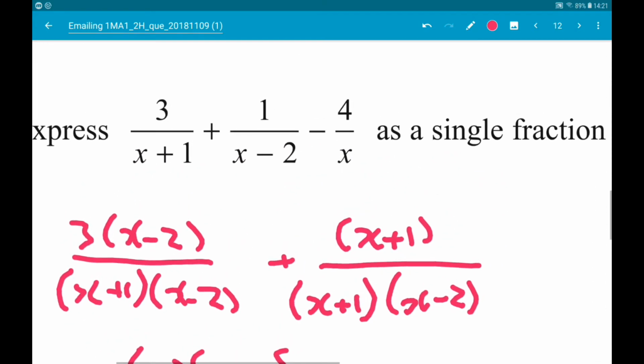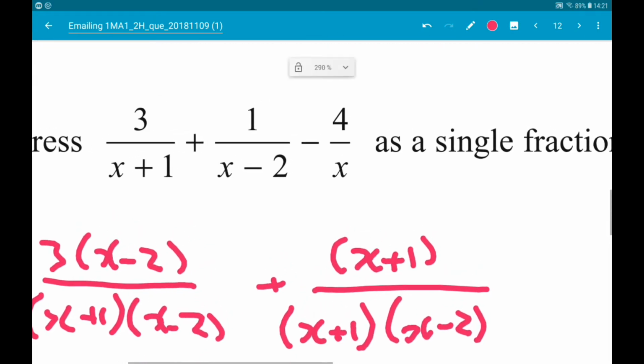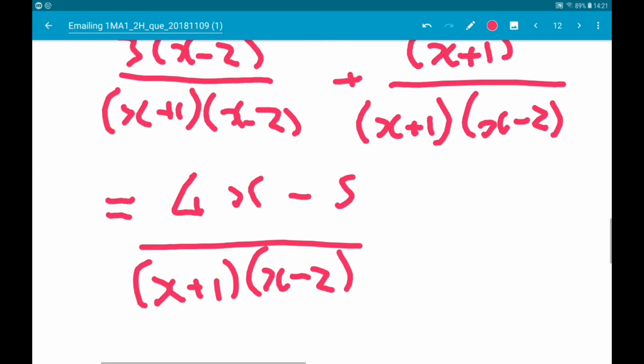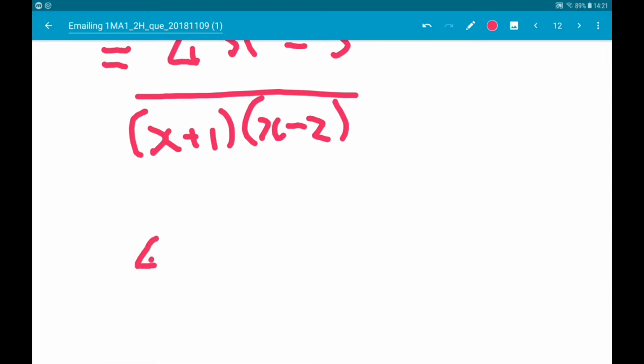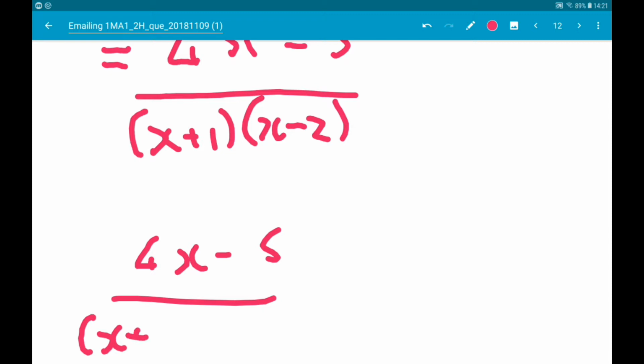So now we're going to subtract 4 over x. So now we have 4x minus 5 over x add 1 times x minus 2 minus 4 over x.